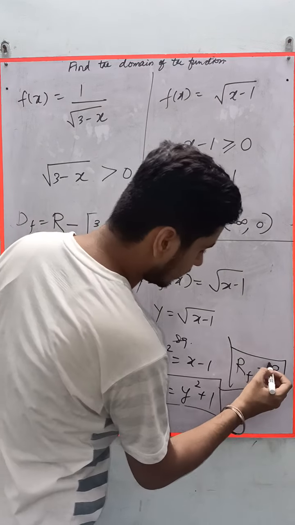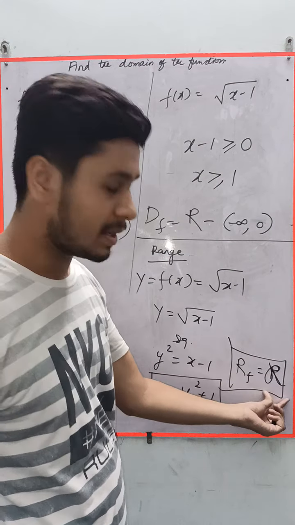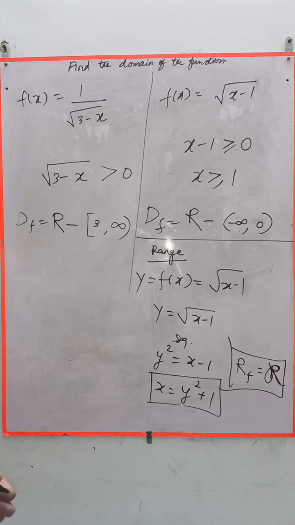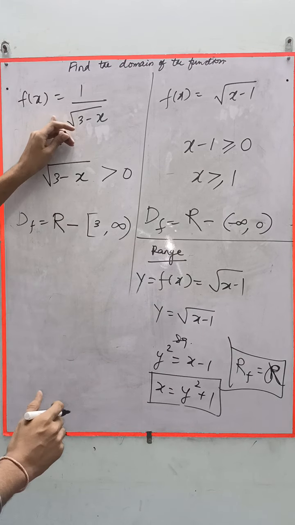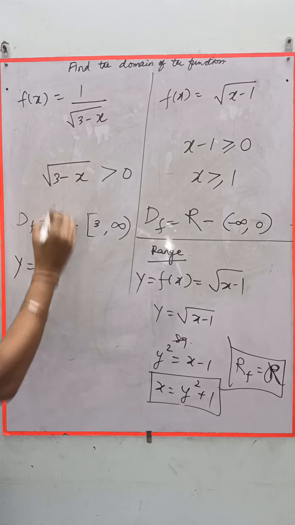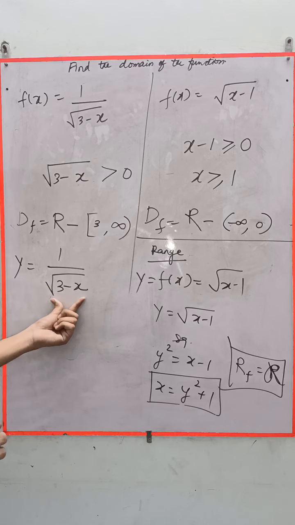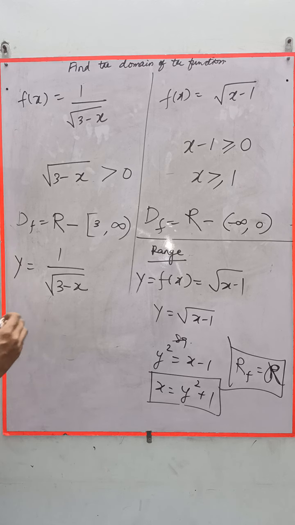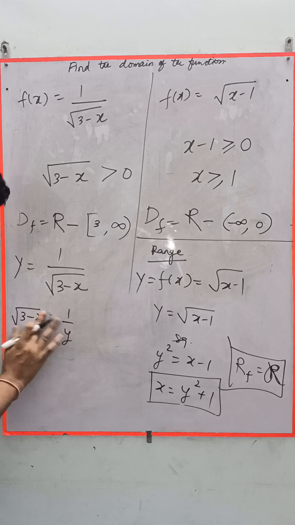Okay, you can make this R somewhat cursive. Alright, so coming to this question, here also we need to find the range. Again, do the same processing. y is equal to 1 upon under root 3 minus x. You take this denominator here and y down, so it will be like this.